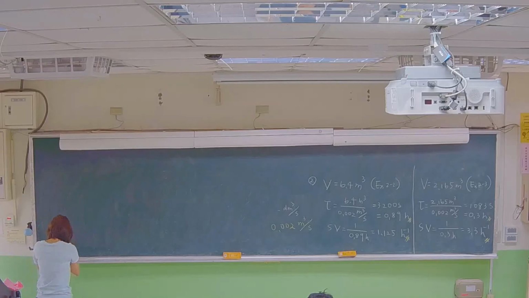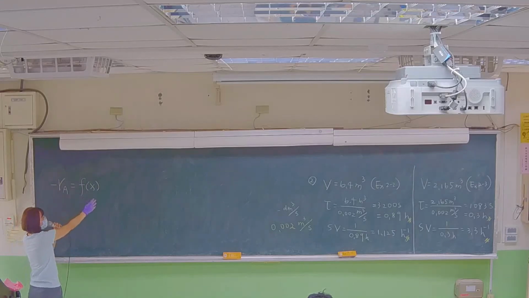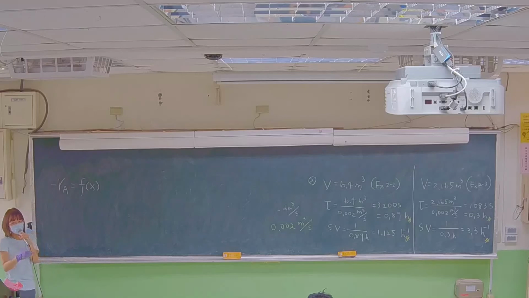In this chapter, the main purpose is to write a function of reaction rate using conversion. That is the purpose. So how to achieve this goal?